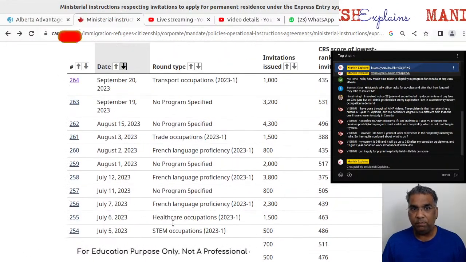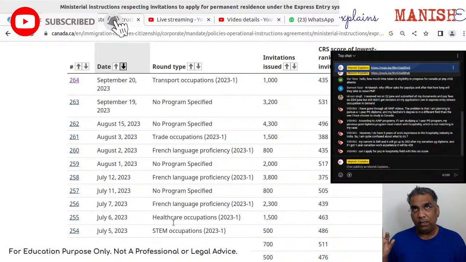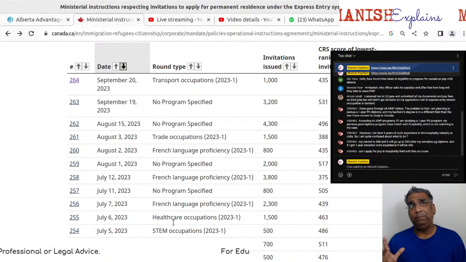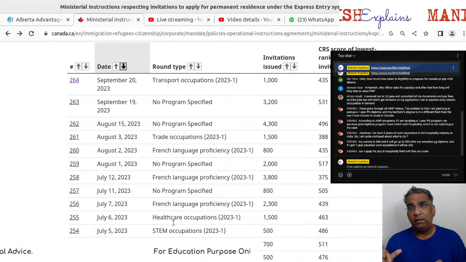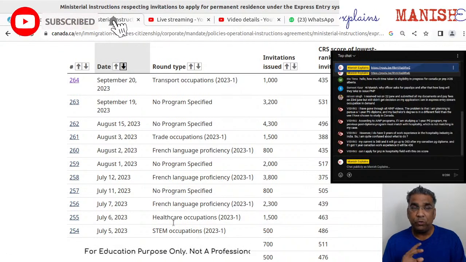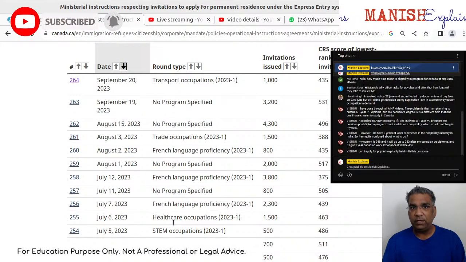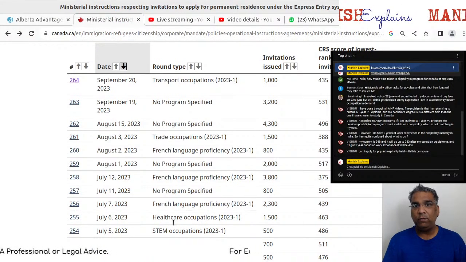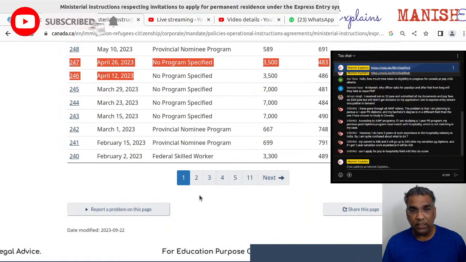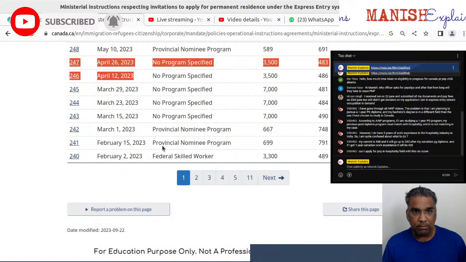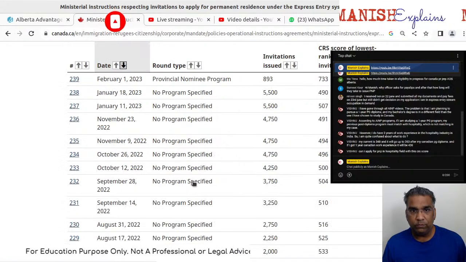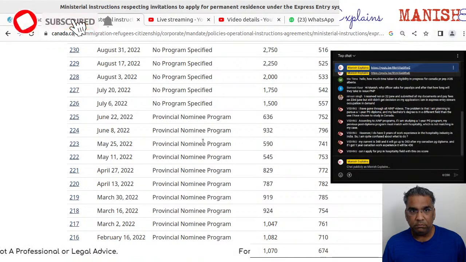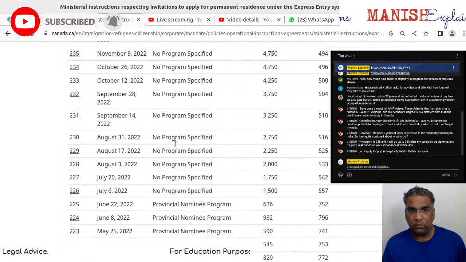And when PNP was in high demand, we used to see 2 draws happening in 1 week, one day after the other. One was no program specified and one was just for PNP, right? So if you go to a previous period, like this is when they started it.